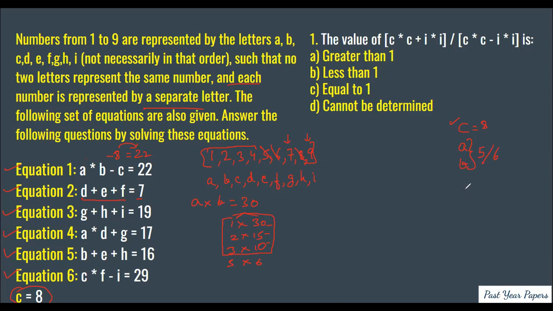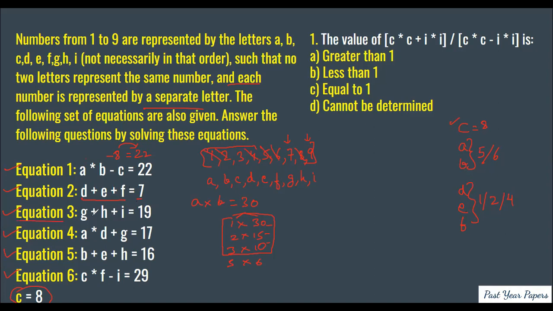Which 3 numbers will add up to 7? Please quickly check. Yes, these numbers will be 1, 2, and 4. If I add 1, 2, and 4, I will get 7. So I know that these 3 letters stand for 1, 2, and 4, but which letter for which number, I do not know. So let me remove 1, 2, and 4 also from this list.